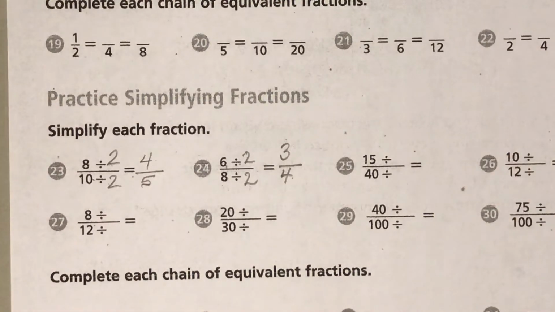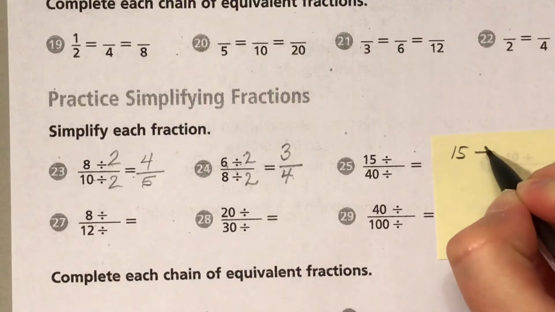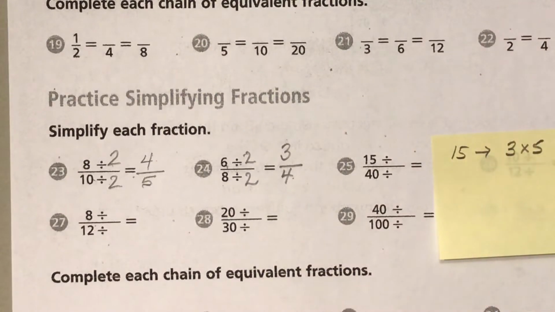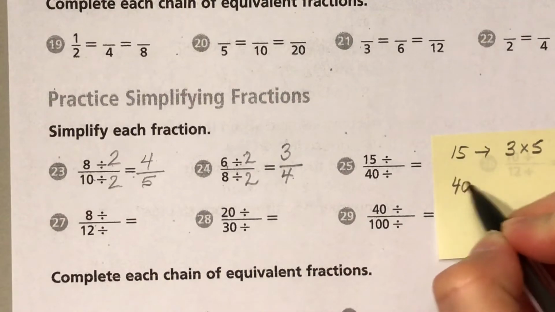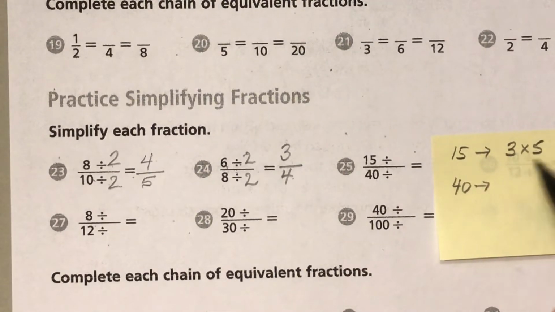Now when I look at the common terms for 15, there's really only one: 3 times 5. 40 has a few others, but rather than factoring all these out, let's go short. There are only 2 numbers here, so let's see if those work.